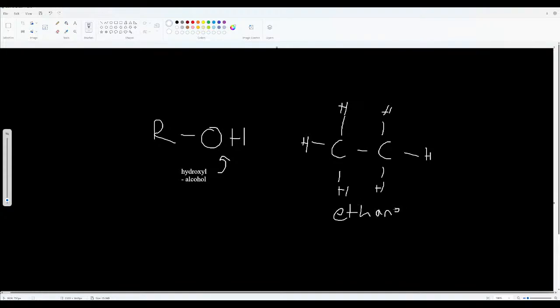Now this is ethane. The thing about ethane is it's a gas at room temperature. It just evaporates. You could burn it, whatever. Ethane only has 2 carbons. But when we remove this H and put an OH, now this is ethanol.